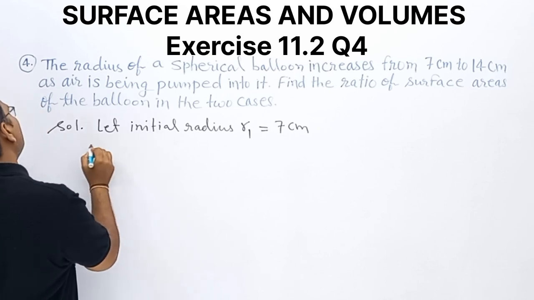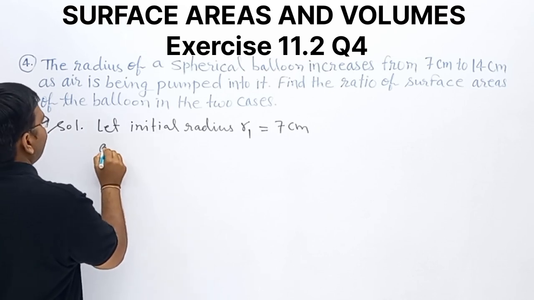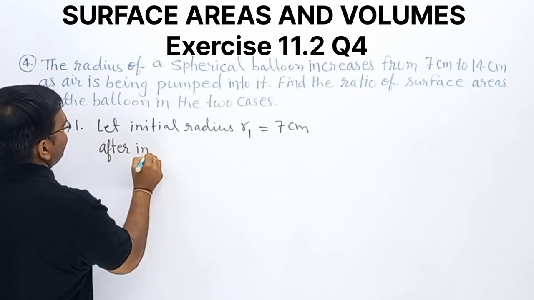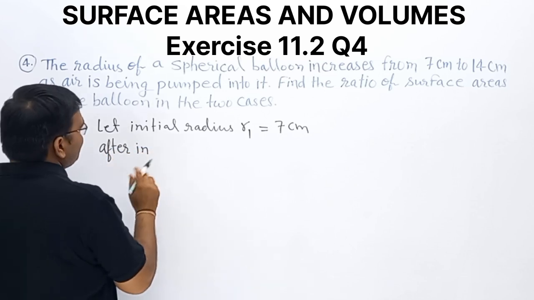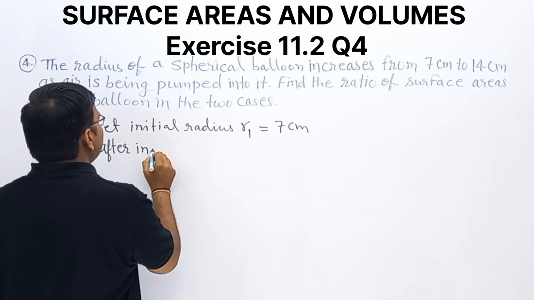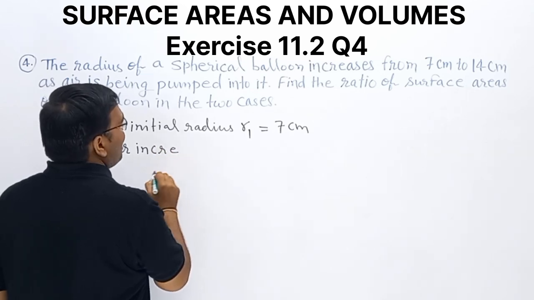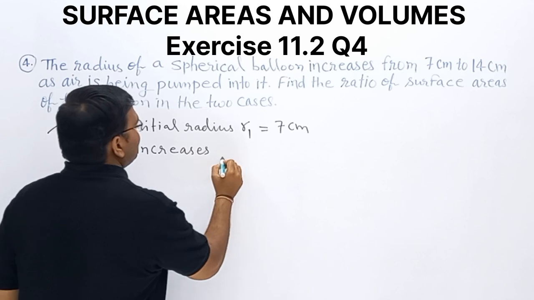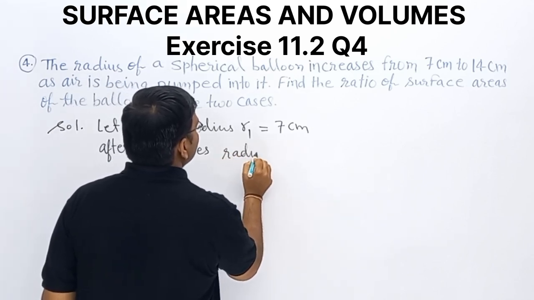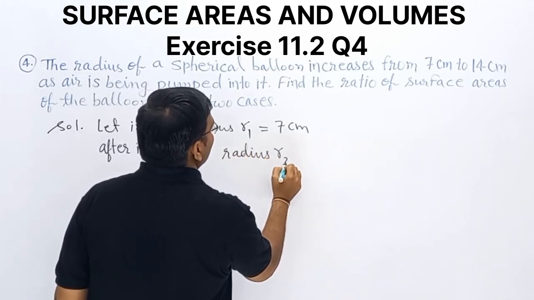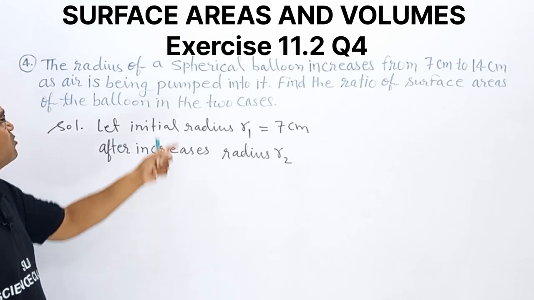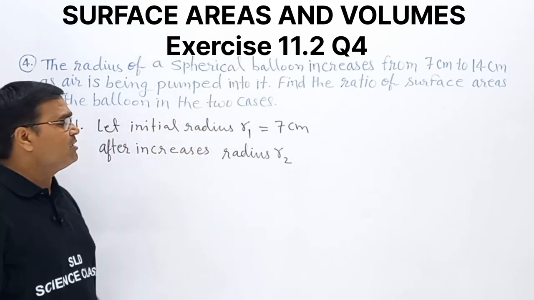After increasing, the radius is R2. Once we pump air, the spherical balloon grows.